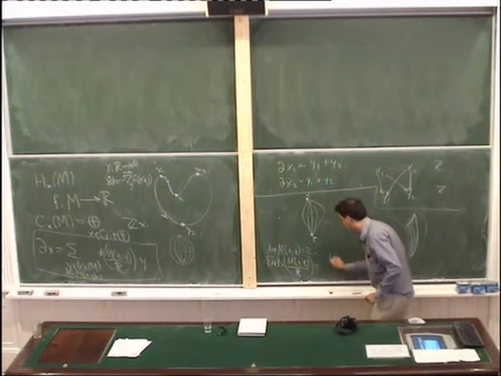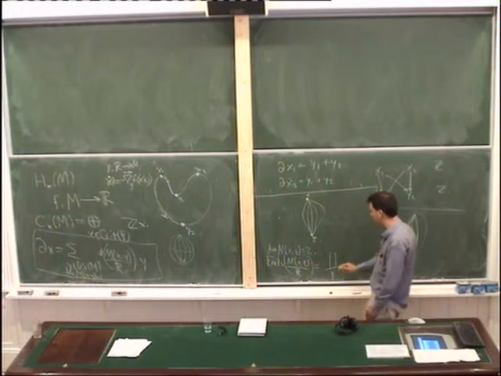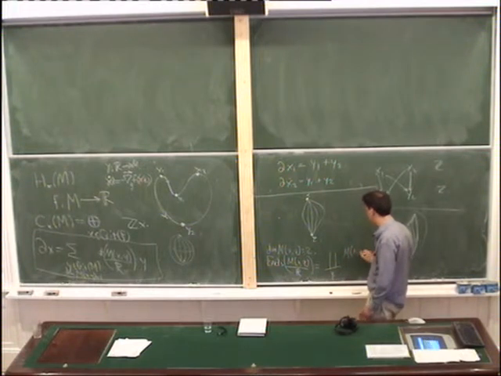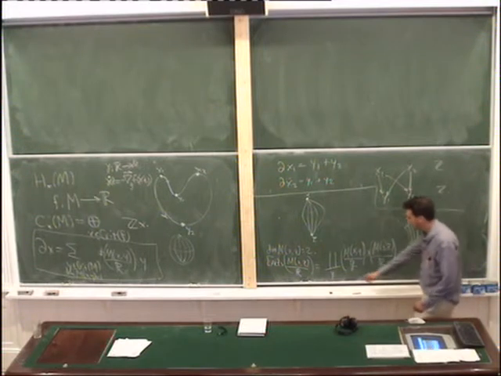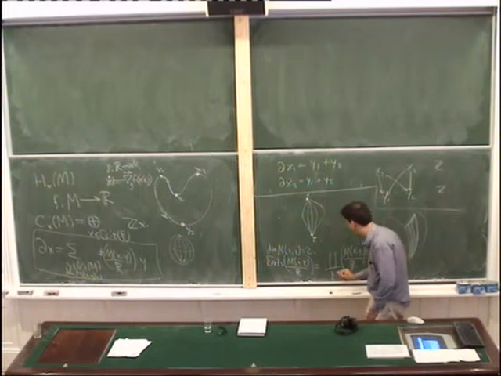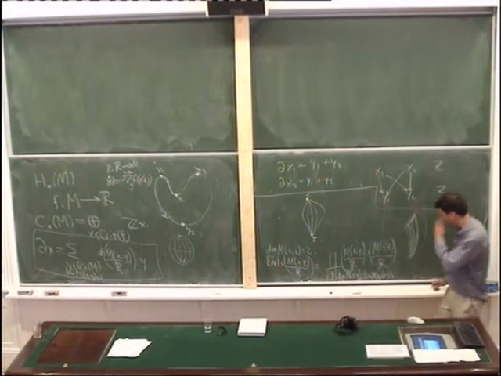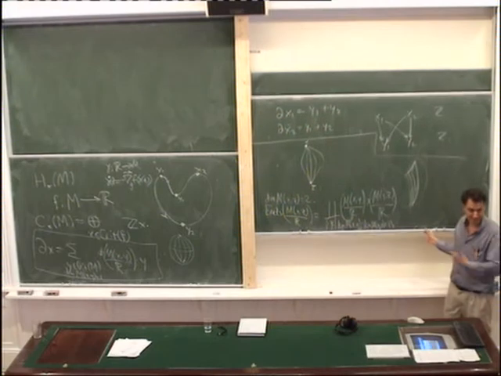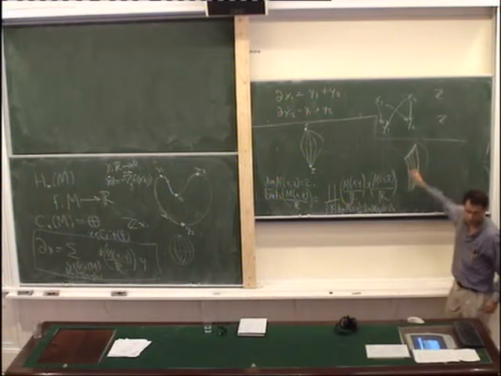That is to say, the ends look like a disjoint union over all intermediate y's of the moduli space of flows from x to y mod R times the moduli space of y to z mod R, with the property that the dimension of the space of flows from x to y and the dimension of the space of flows from y to z is 1. So this is a basic property of how one compactifies gradient flow lines. One-parameter families of gradient flow lines get stuck on some intermediate critical point.